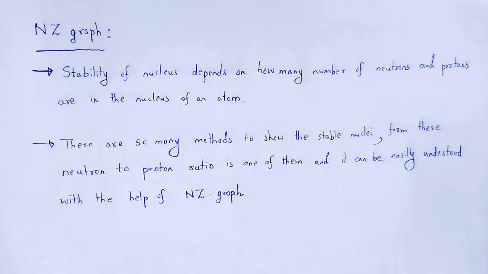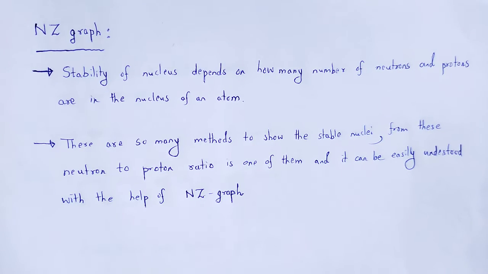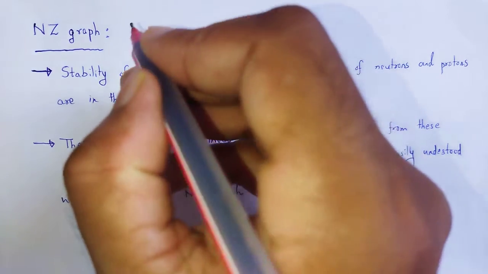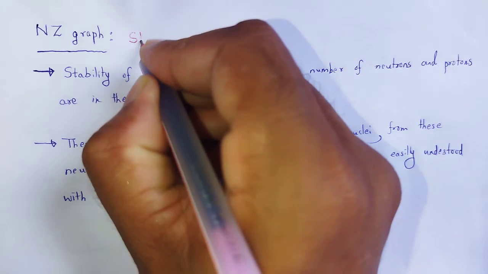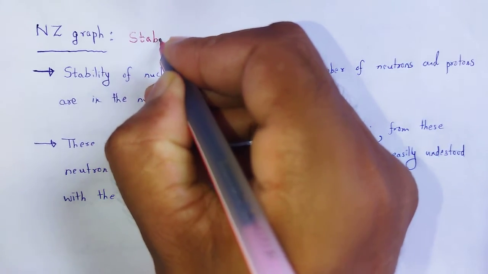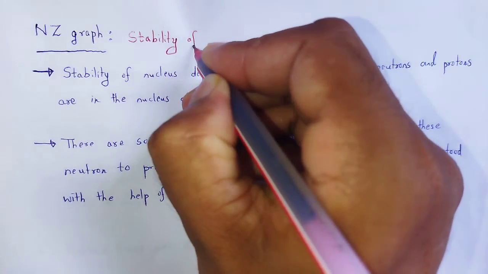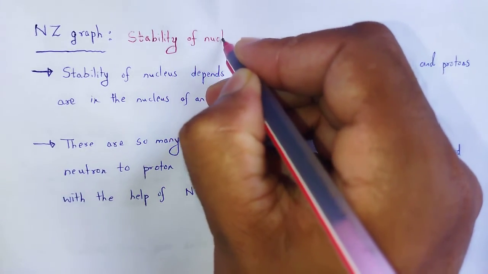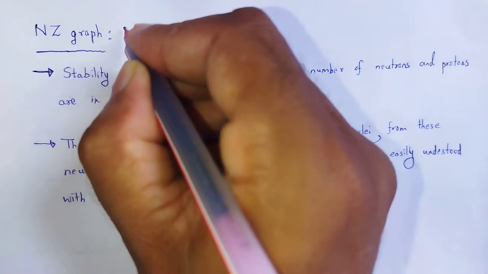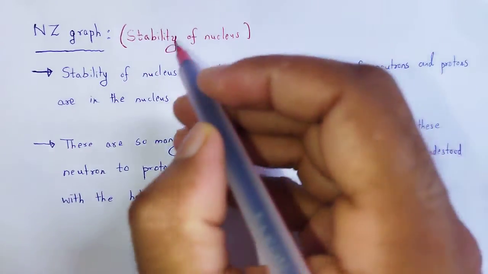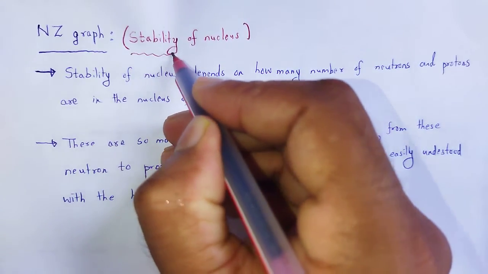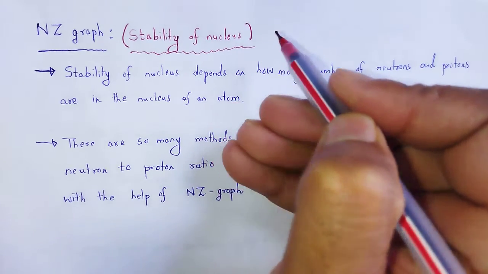The NZ graph is basically used to detect the stability of a nucleus. Stability of the nucleus is studied with the help of that graph.